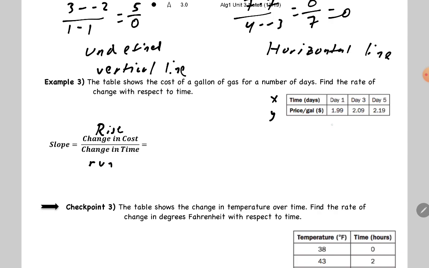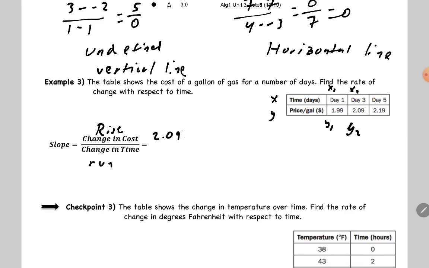And I'm going to call this x1, y1, and this one x2, y2. Because, you know, one's first, one's second. So we're going to do the math.